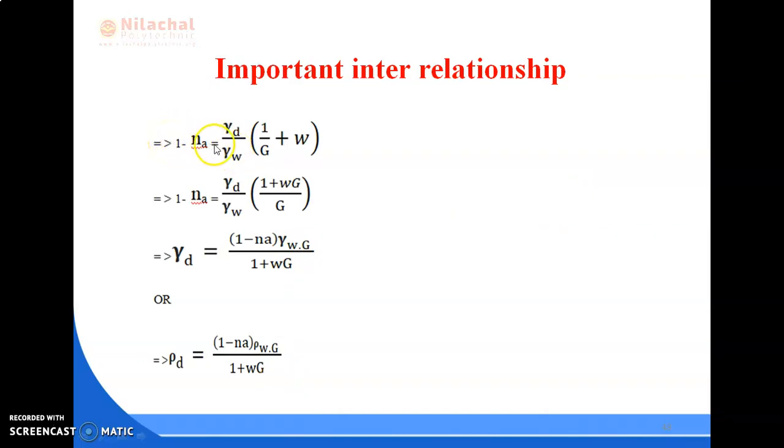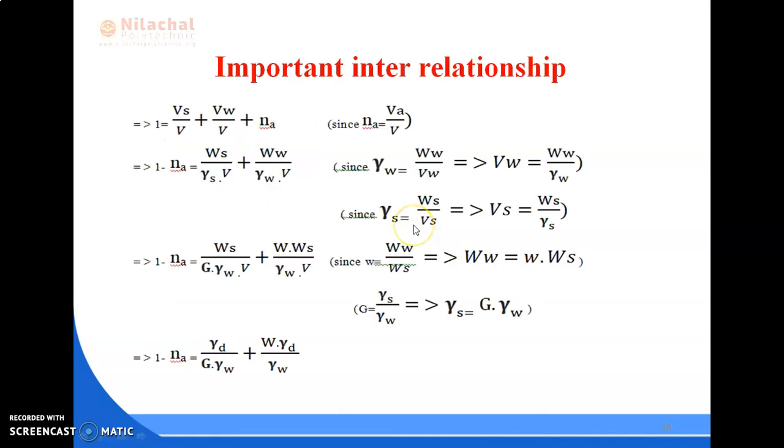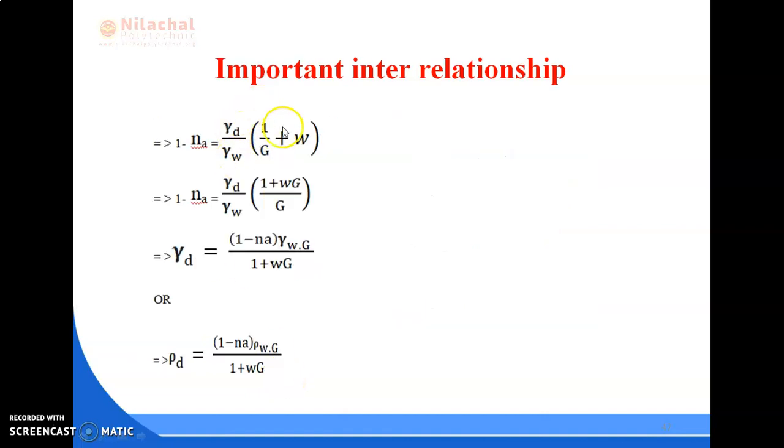So 1 minus na equals, we take the common gamma d by gamma w on both sides, so gamma d by gamma w within the bracket 1 plus wG by G, which implies we cross multiply, so gamma d equals (1 minus na) G gamma w divided by 1 plus wG.